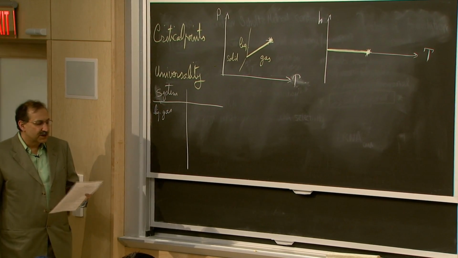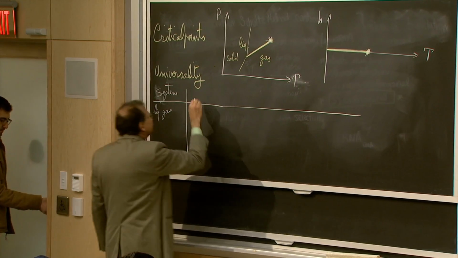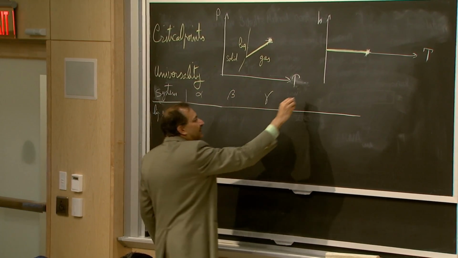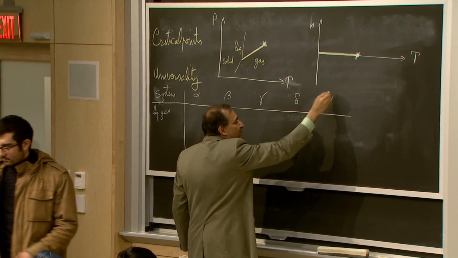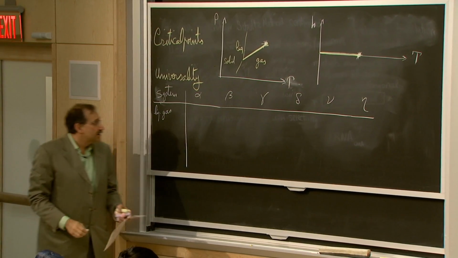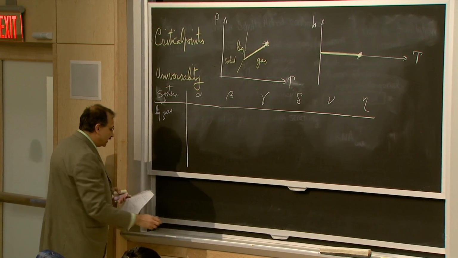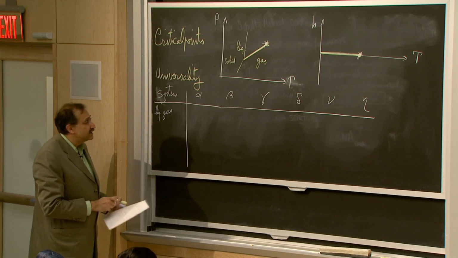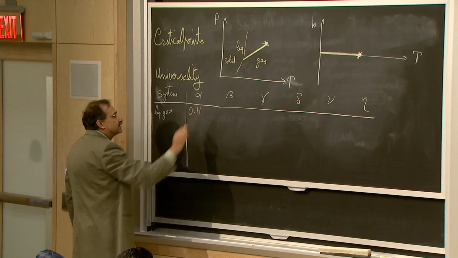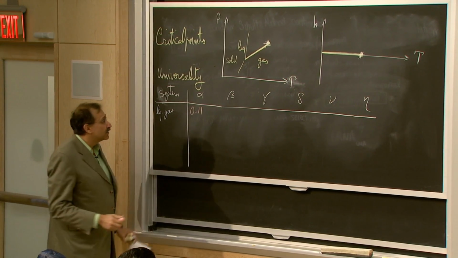And for that, we can look at a variety of exponents. We have alpha, beta, gamma, delta, mu, eta. And for the liquid gas, I write you some numbers. The heat capacity diverges with an exponent that is 0.11, slightly more accurate than I had given you before.